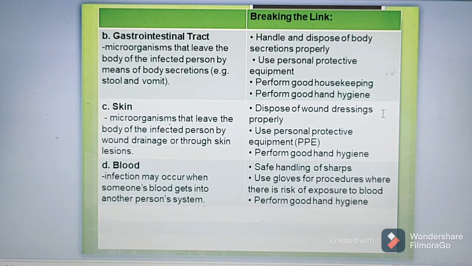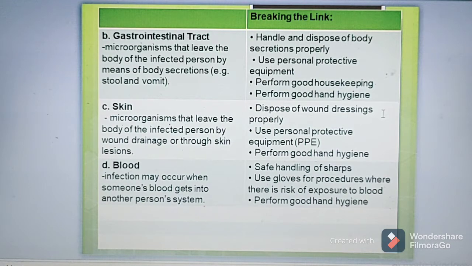So next and lastly, we have the blood. Infection may occur when someone's blood gets into another person's system. Of course, kanang mga sharp or any object nga mga sharp, makakause na siya infection pag ginapasagdaan na nimo.